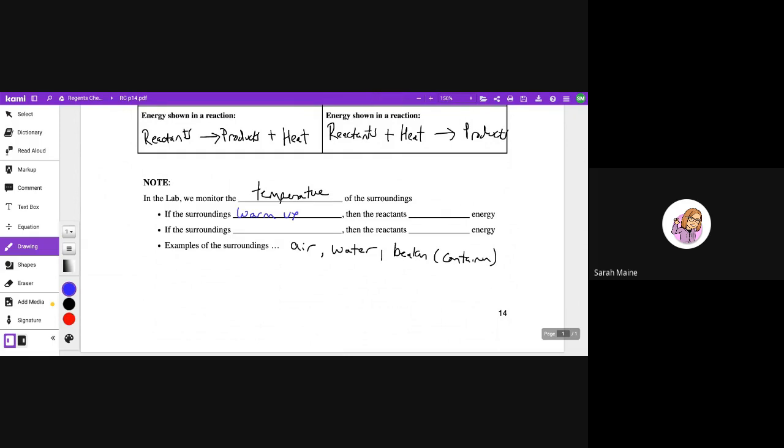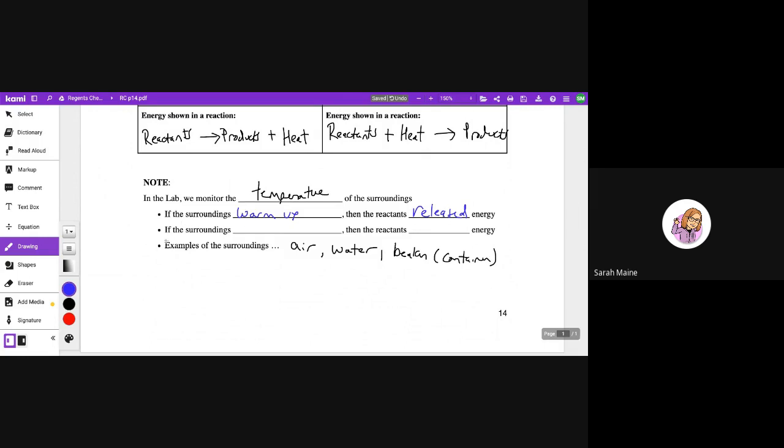And then a reaction happens, and you look at the thermometer that's just in the air near the container of the reaction, and the temperature starts to climb to 25, 27, heading towards 30. That means that the surroundings are warming up. That means that the reactants released energy. So the reactants went through an exothermic process.